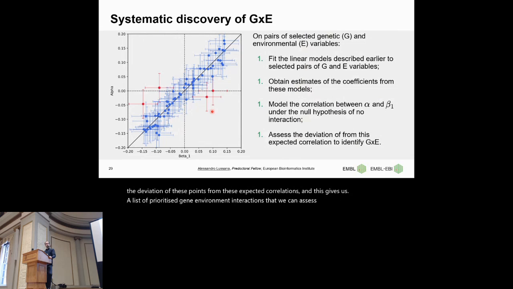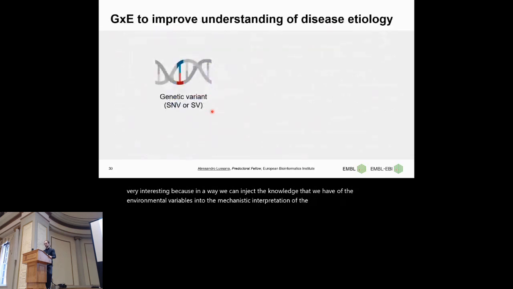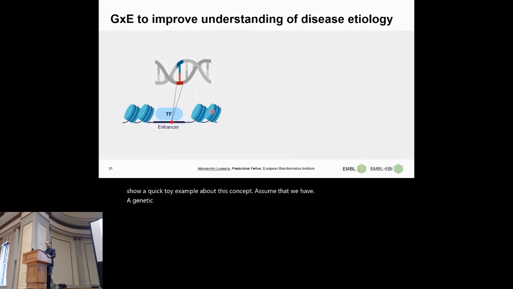And this can be very interesting because in a way we can inject the knowledge that we have of the environmental variables into the mechanistic interpretation of the genetic variants. So I'll show a quick toy example about this concept. Assume that we have a genetic variant that is sitting on an enhancer that is poorly annotated.